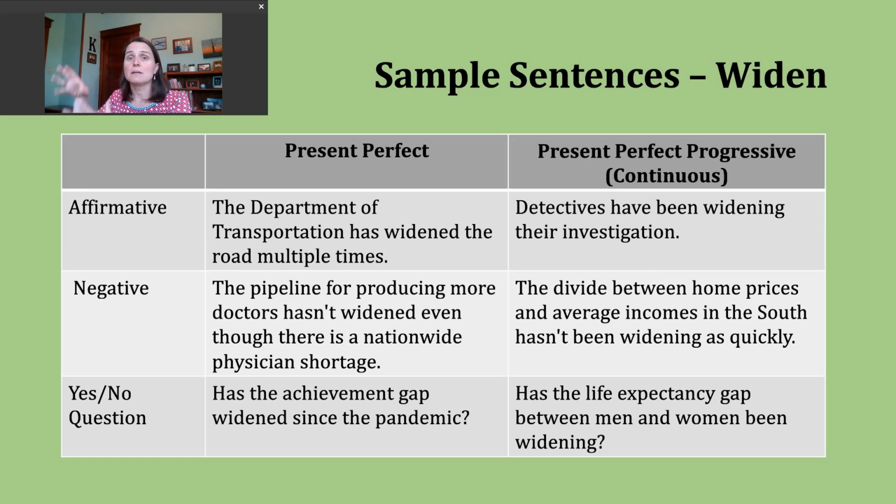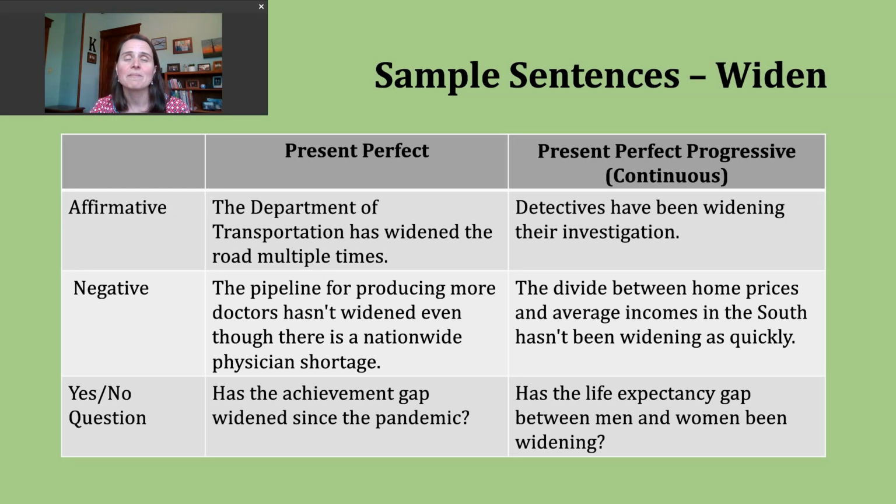Was it last week? Maybe last month, last year? And it might not matter. We just may be interested in knowing that the action has been completed, or that the action has been done a certain number of times, going from the past up until the moment we are speaking or the moment we are writing.